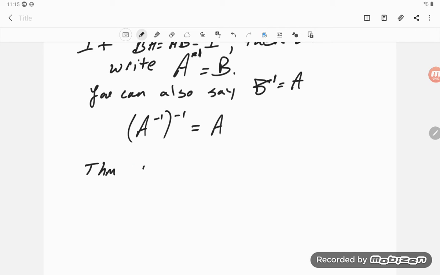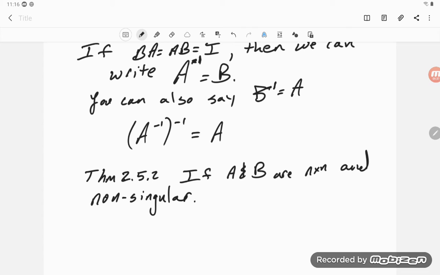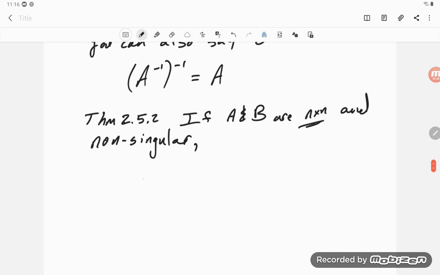Theorem 2.5.2: if A and B are n by n and non-singular, so they're both the same size, then their inverses exist, and in particular what we have is that (AB) inverse is equal to B inverse A inverse.